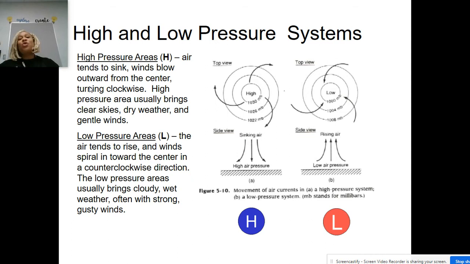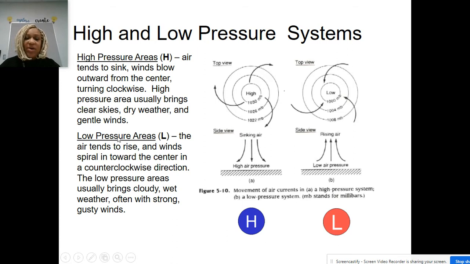Remember, cooler air sinks, warm air rises. High pressure areas are air pressure systems going in a clockwise direction, the direction the hands on a clock go. A high pressure area usually brings clear skies, dry weather, and gentle winds. These are your better, good days.